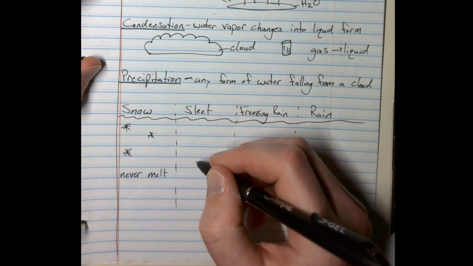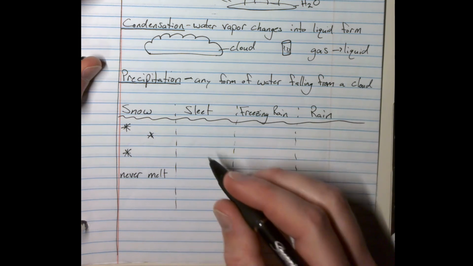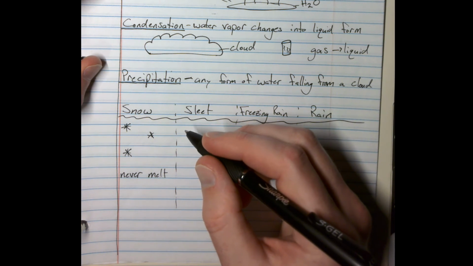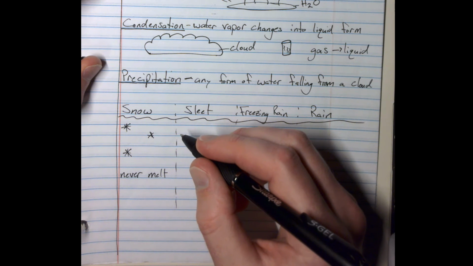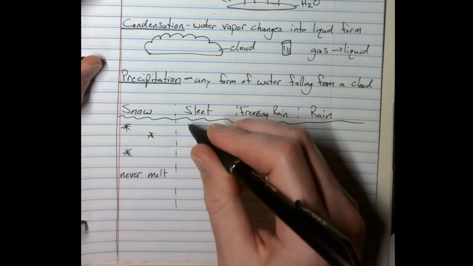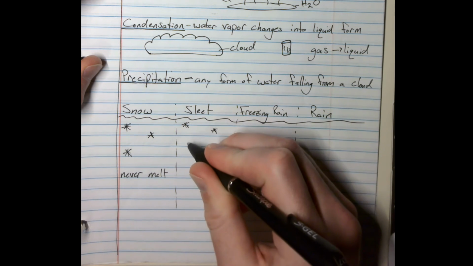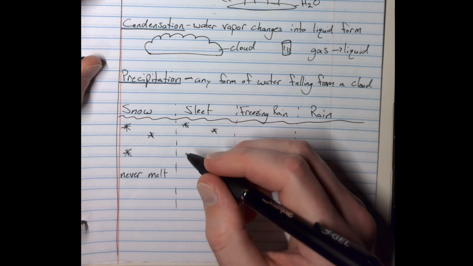Whereas sleet starts off as snow, and then at some point it melts.